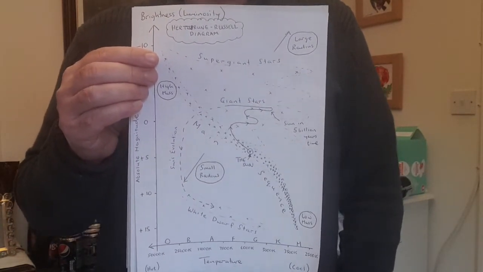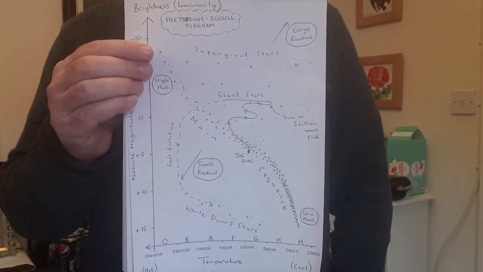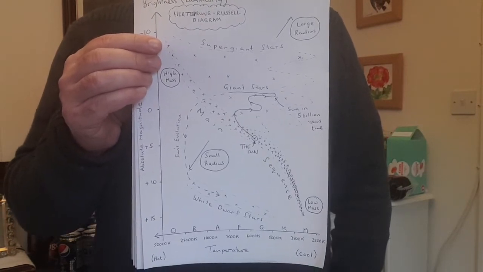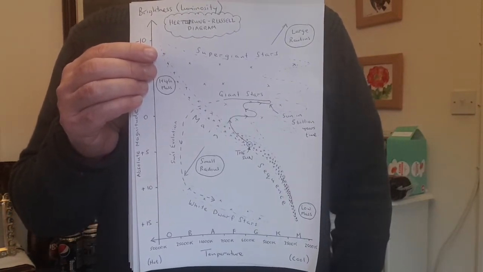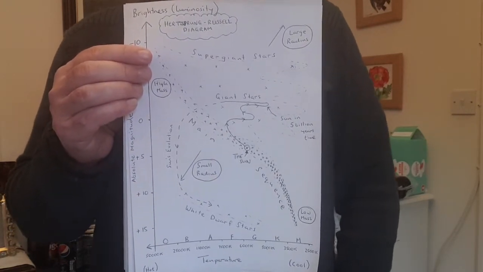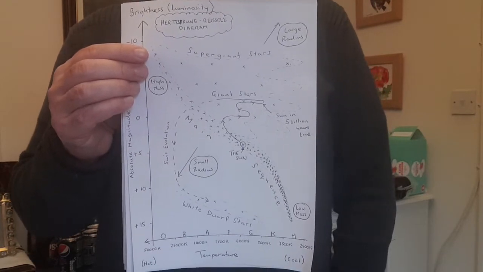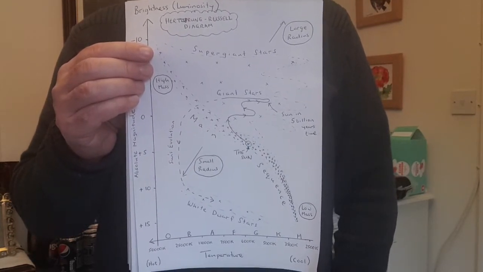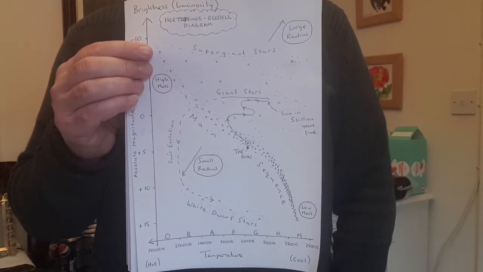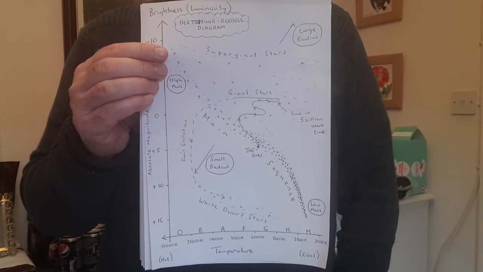And as it collapses and becomes hotter and denser, at some point, helium, which was the byproduct of fusing hydrogen, will start to fuse itself into carbon and oxygen, so obviously heavier elements in the periodic table. And when that happens, that releases a huge amount of energy. The reaction to convert helium into carbon and oxygen produces a lot more energy than hydrogen into helium.